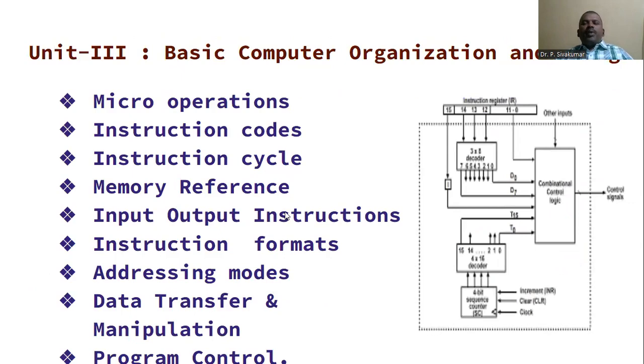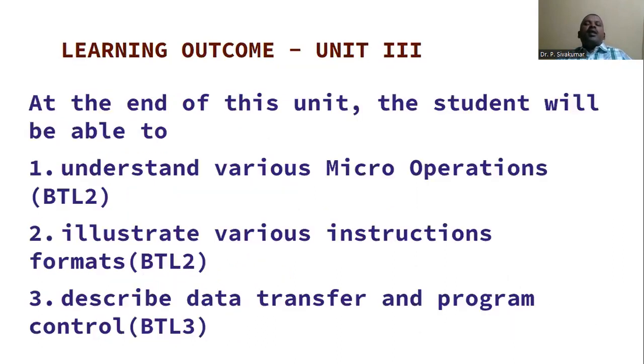The third unit completely contains the basic computer organization and its design. It contains micro operations, what instruction codes are available, how the instruction cycle is executed, what memory reference is, how input output instructions work, the different formats of instructions, various addressing modes, how data is transferred between various components, and how the program is controlled by control units.